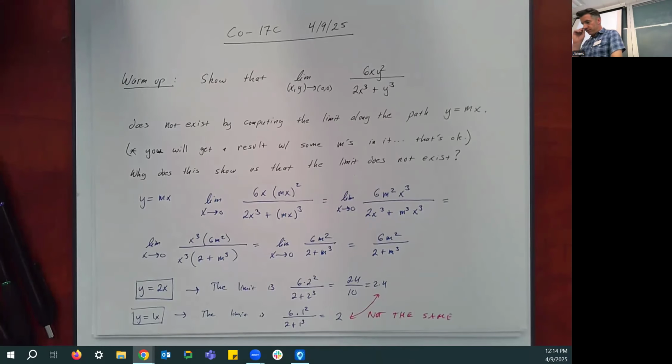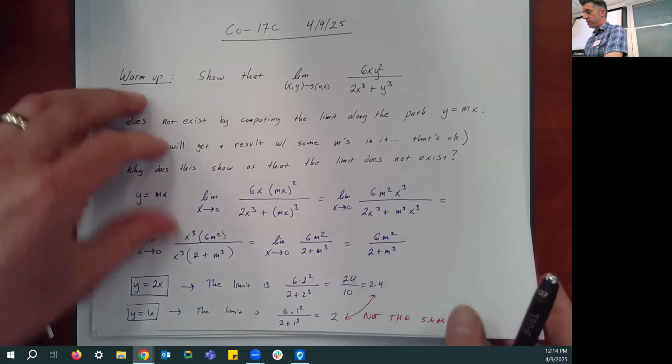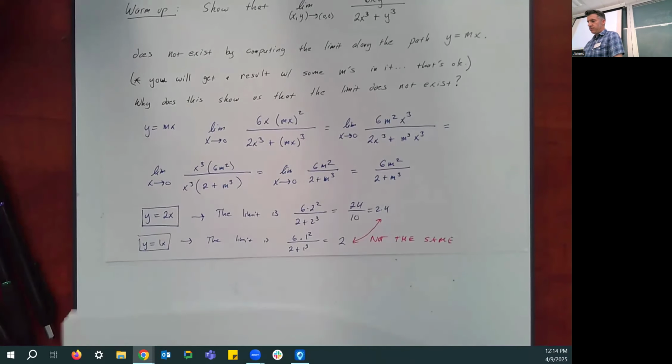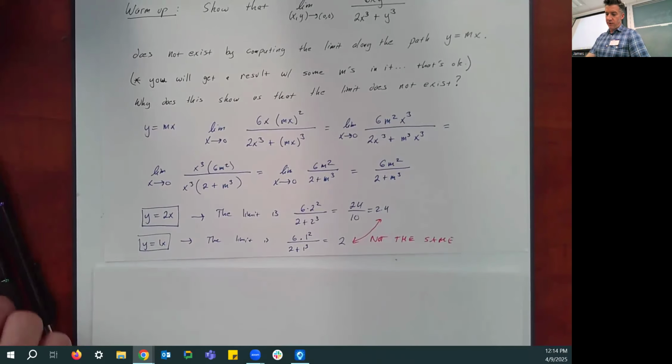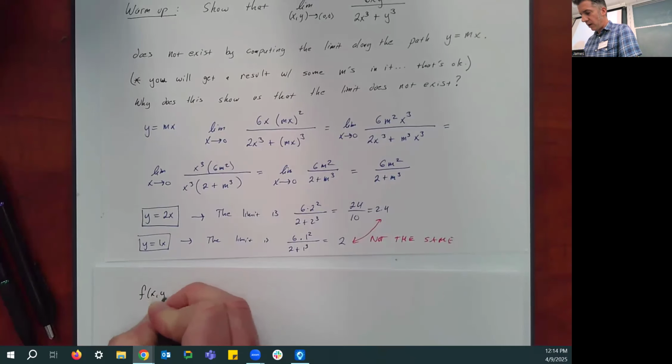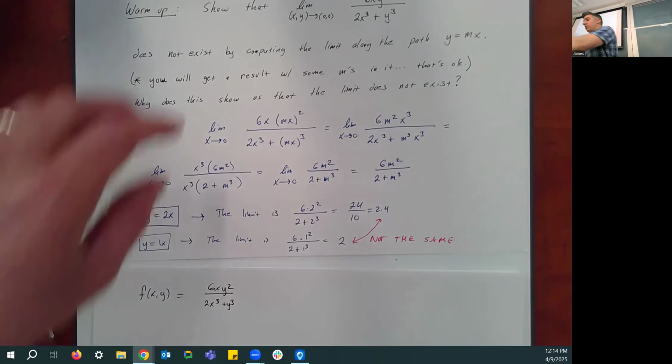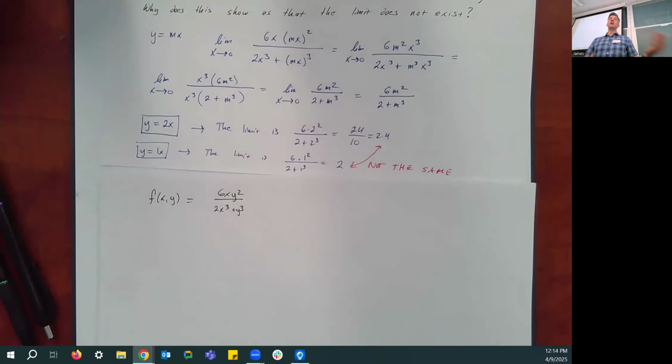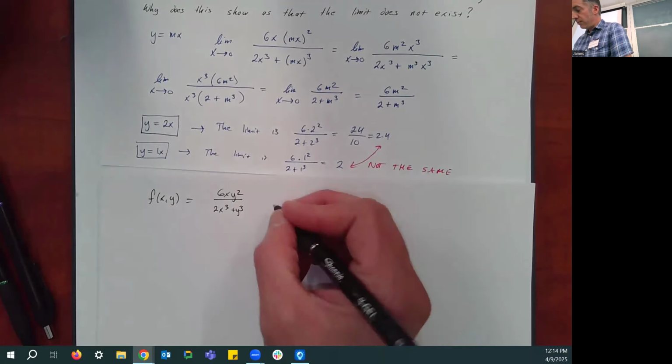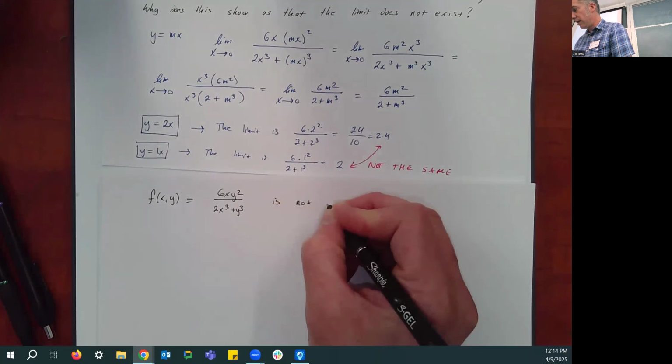The other thing I'll mention here. So let's talk about continuity for the briefest of moments. If we look at the function that I just wrote the limit of, f of x comma y equal to 6xy squared divided by 2x cubed plus y cubed, we know that this function couldn't be continuous at 0, 0, at the origin, because it's not defined there, right?